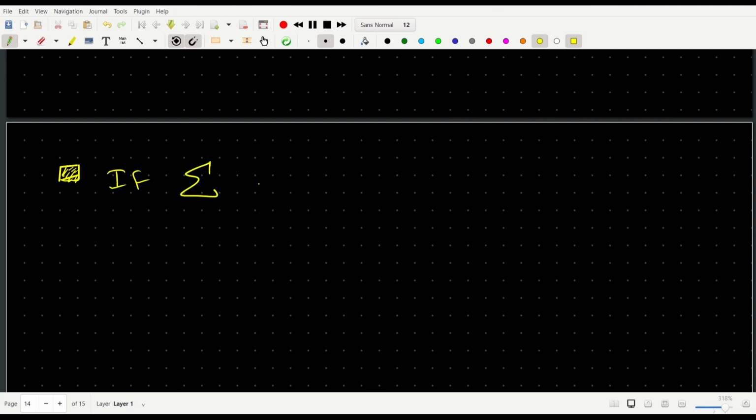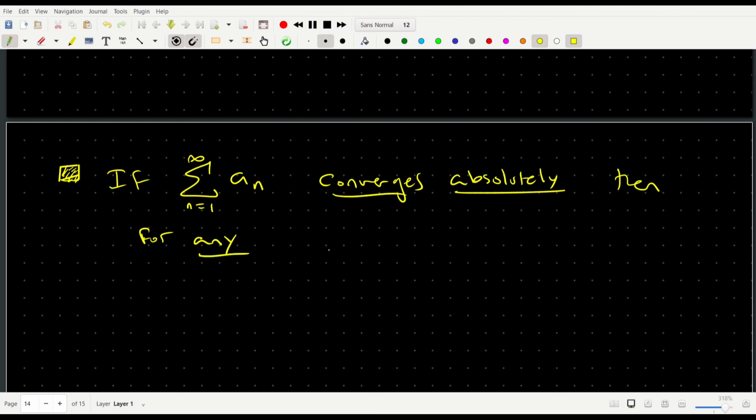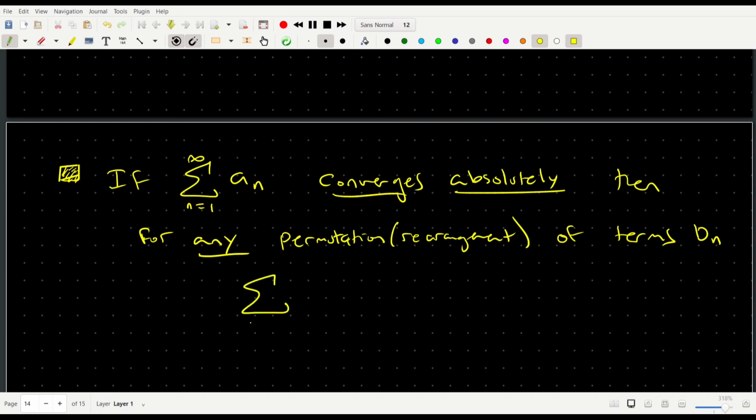So if the sum from n equals 1 to infinity of some series an converges absolutely, then for any permutation or rearrangement of terms in the series Bn, the infinite series of Bn is equal to the infinite series of An.